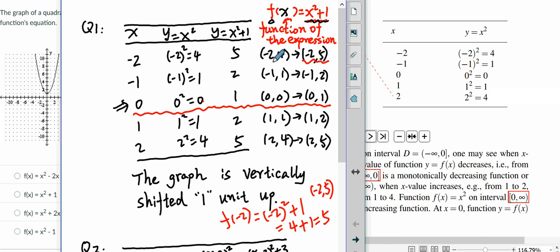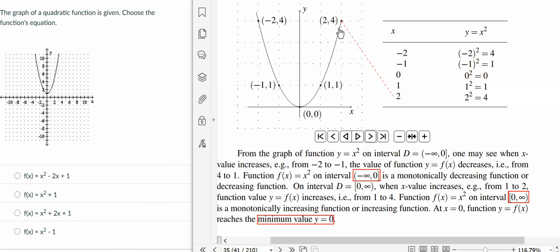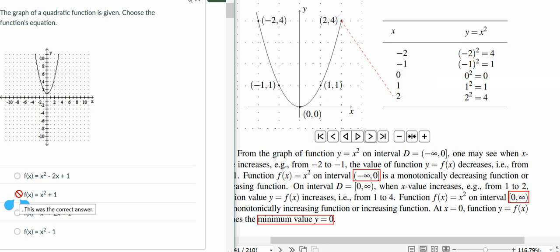So from -2, 4 goes to -2, 5. Between 4 and 6 is 5. Okay? So we should again choose this one. That's the one right here.